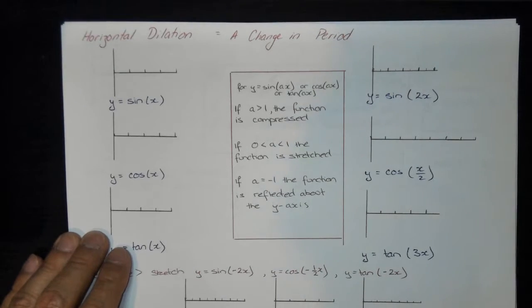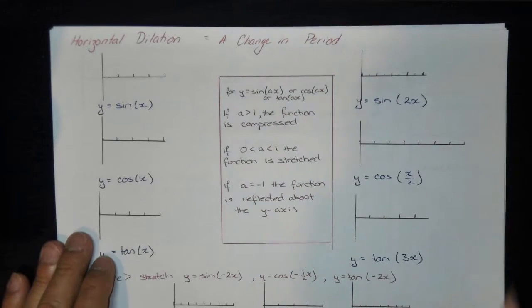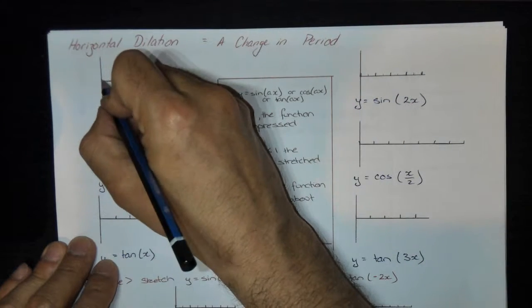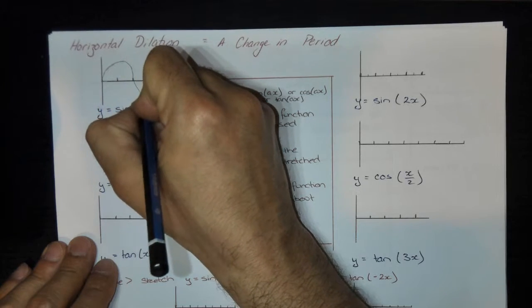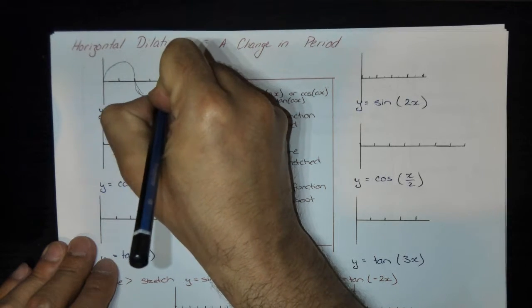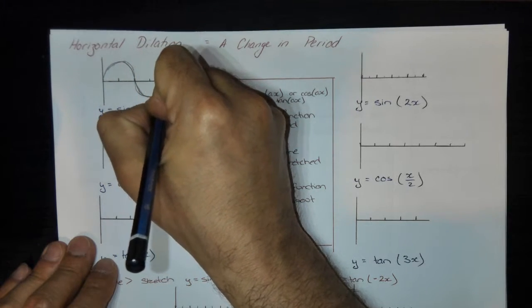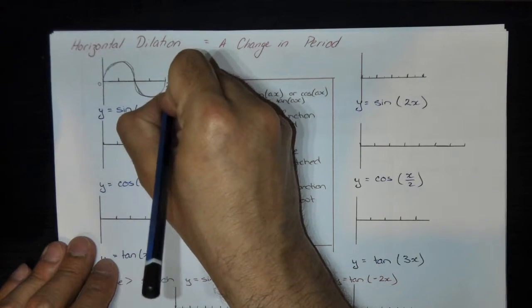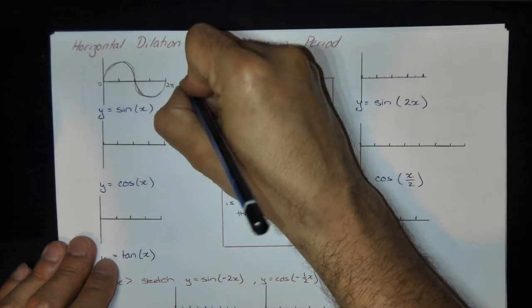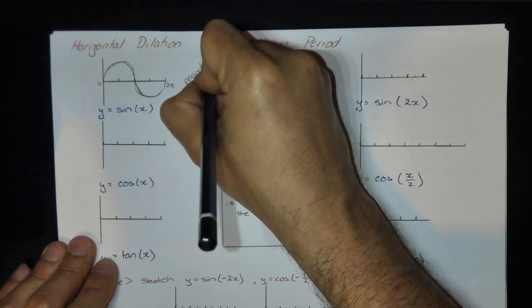Alright. So horizontal dilation is a change in period. Our normal sine curve will look like that. It has a period, so this repeats again between 0 and 2 pi. So it has a period of 2 pi.